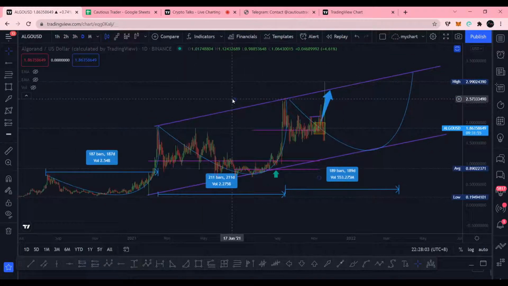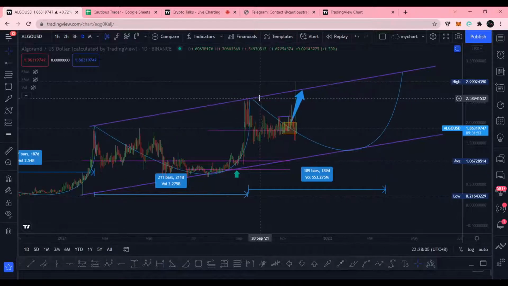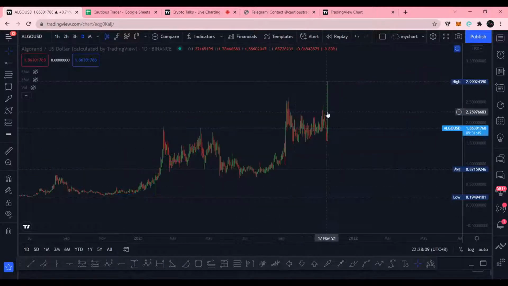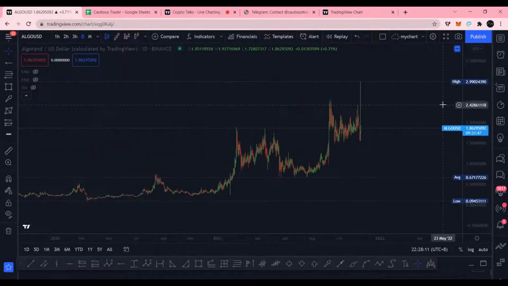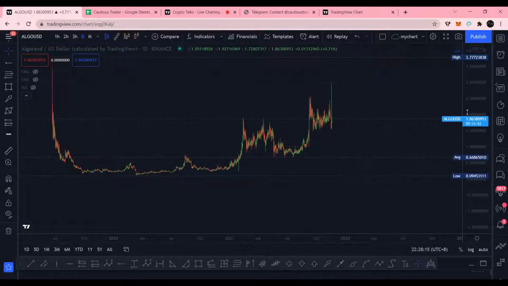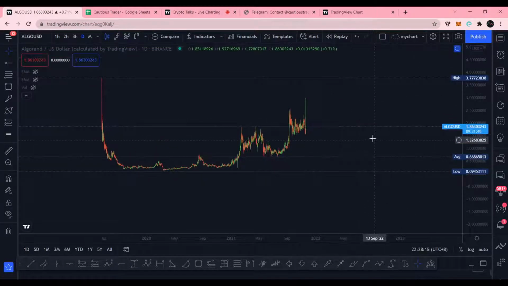Anyway, so this is the last time. This is our last analysis, but let's remove all those drawings because it looks very messy. But anyway, we'll use these tops or highs here as our resistance.